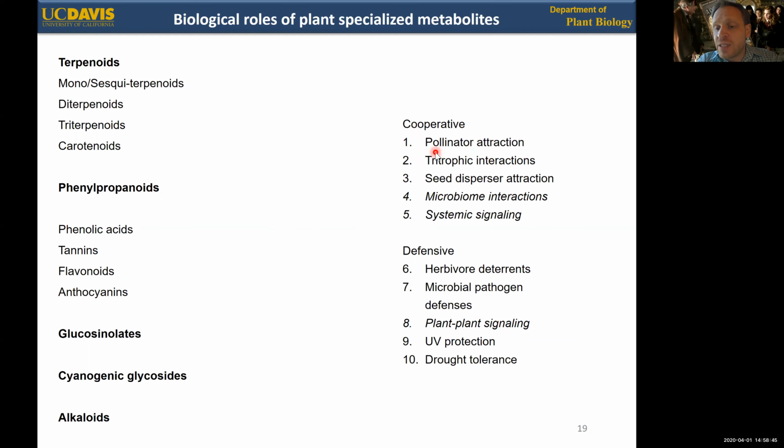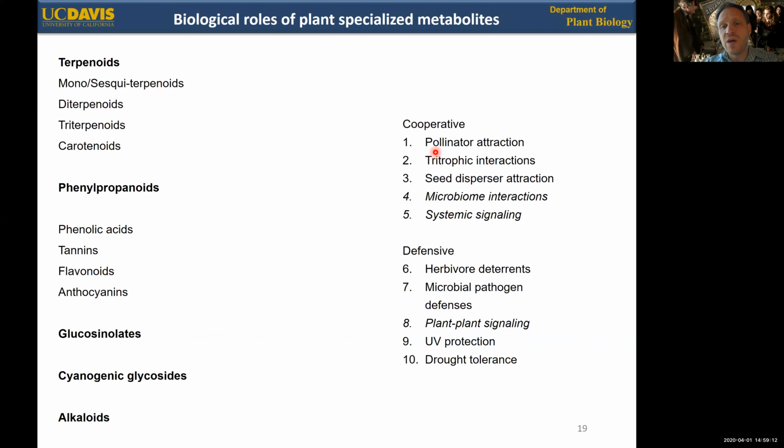These are interactions where, for example, a plant can be attacked by a caterpillar and would use volatile compounds to attract, for example, a predatory wasp that is a natural predator of this caterpillar. So it's a three-way interaction of a plant to defend itself by attracting the natural enemy of the predator that is attacking the plant.